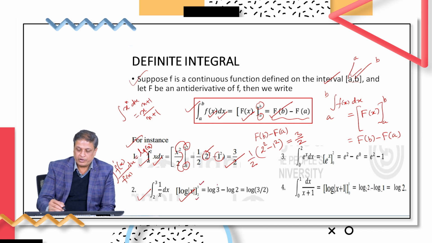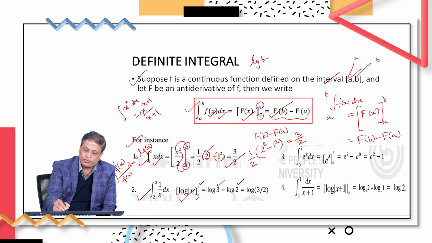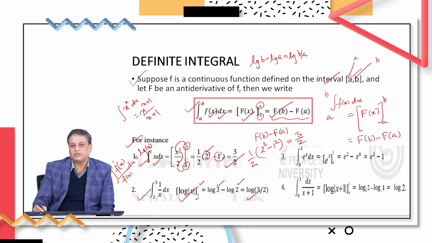Substituting the upper limit 3 minus the lower limit, log of 3 minus log of 2. We also learned that log of b minus log of a is equal to log of b by a. Applying this identity, you will get the answer log of 3 by 2.